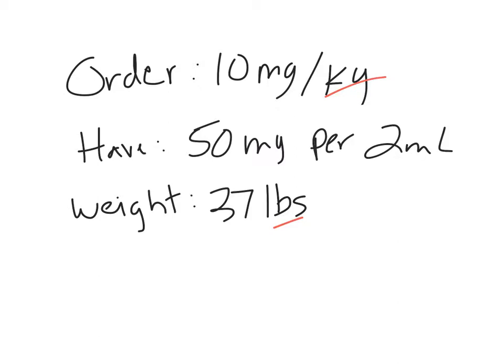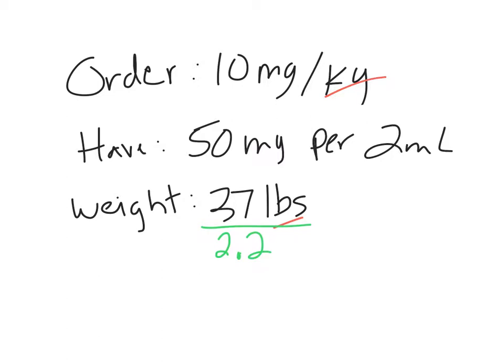Last week I gave you the conversion for that. 1 kilogram is equivalent to 2.2 pounds. So in order to convert somebody's weight from pounds into kilograms, all we have to do is divide by 2.2. So anytime you see a weight in pounds and you want to convert that to kilograms, we just divide by 2.2, and that will give us that weight in kilograms.